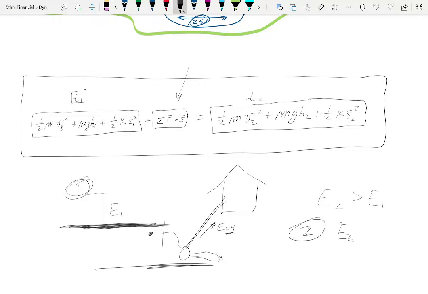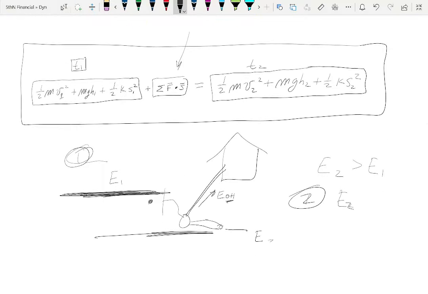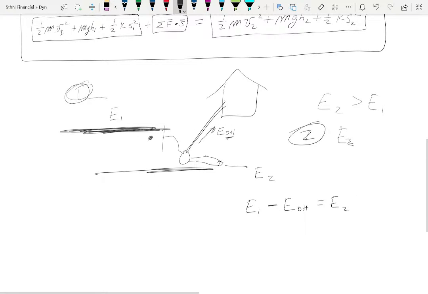How about that? And then you ended up with some energy down here. So, and that's energy 2. So energy 1 minus energy that got sucked out, went into your house, is equal to the energy at 2. So, in fact, that means energy 2 is going to be slightly less, hopefully a lot less, than energy at state 1. Same concept. So think of it like that.